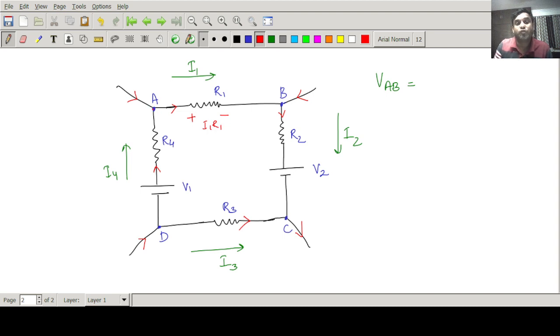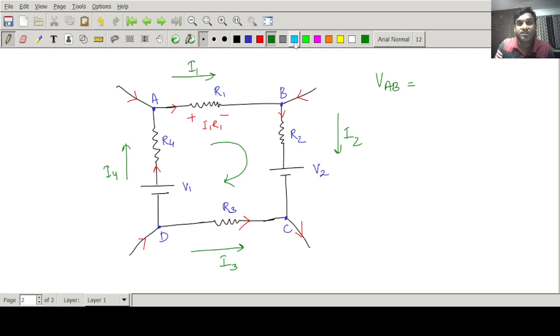As you go from A to B, the thing is which direction you will take your motion. I am taking my motion in a clockwise direction. The current direction only gives the plus minus sign. Then we see the motion.